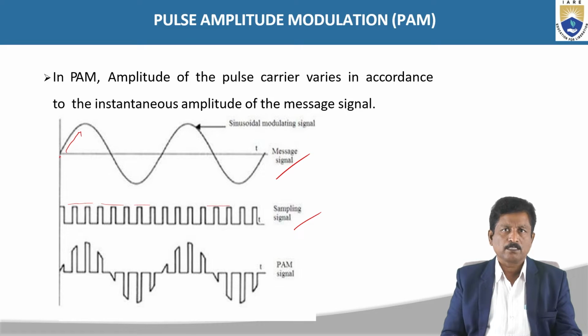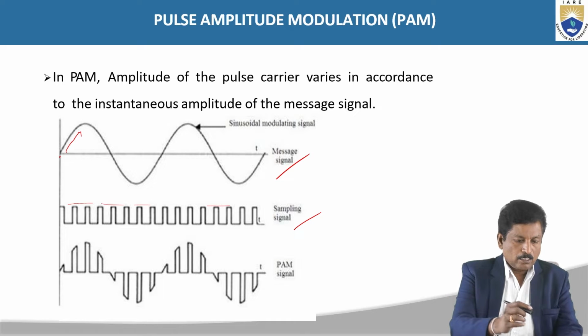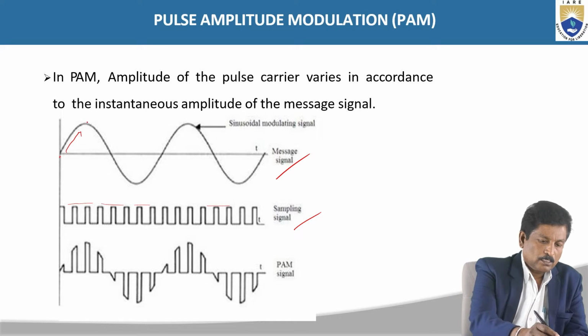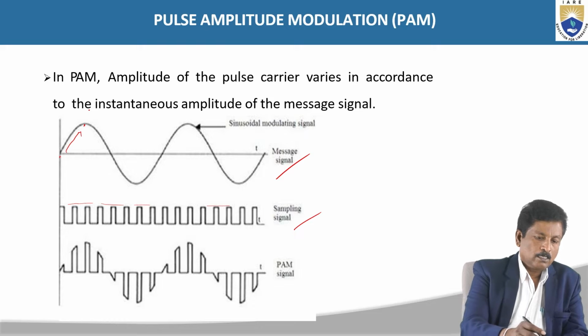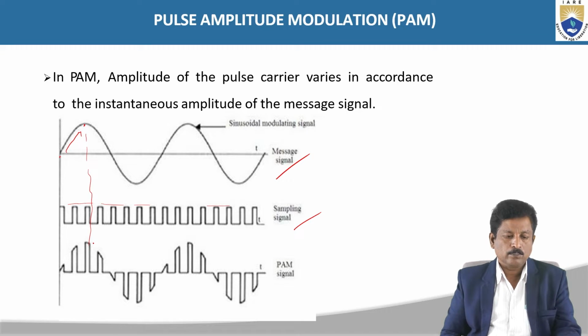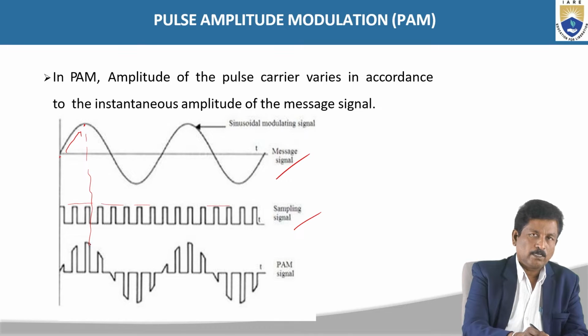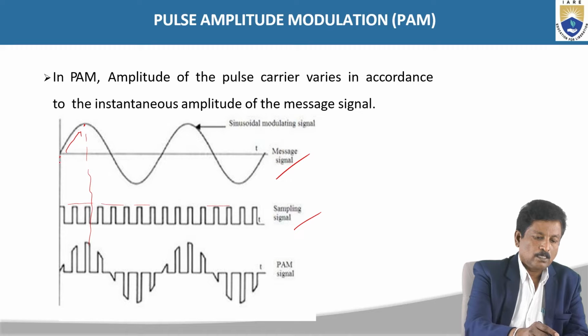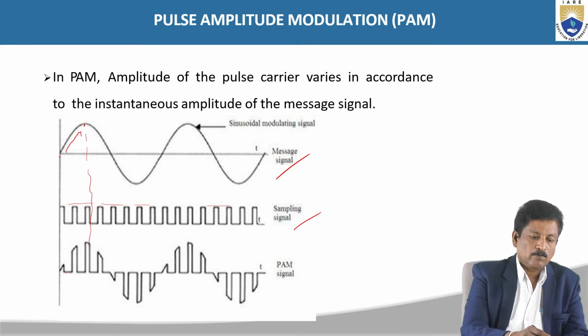After the modulation is complete, the amplitude of the carrier signal varies according to the instantaneous value of the modulating signal. Here, this is the highest value of the modulating signal, and the carrier amplitude correspondingly increases to a high value. So it is a proportional variation, according to the strength of the modulating signal.